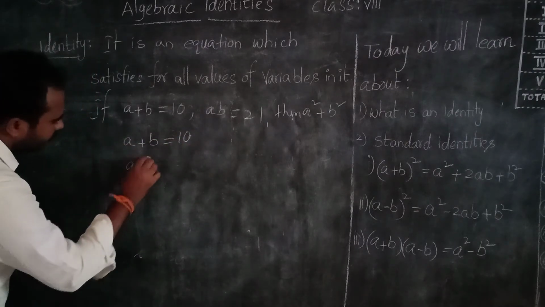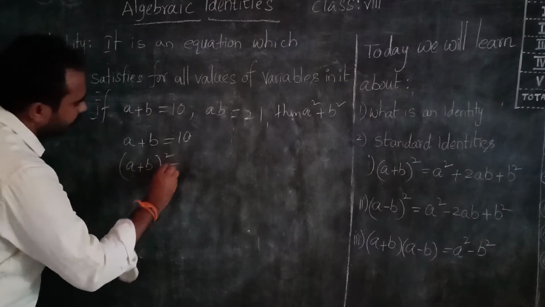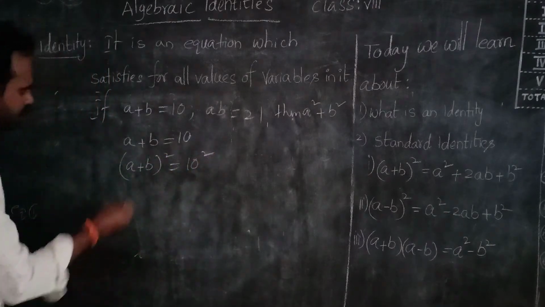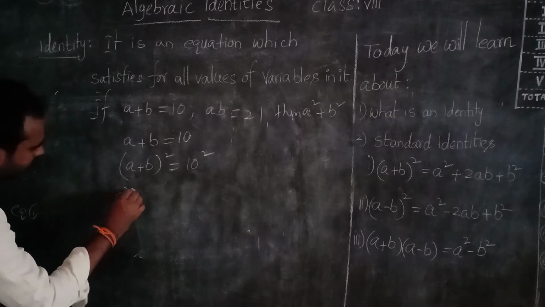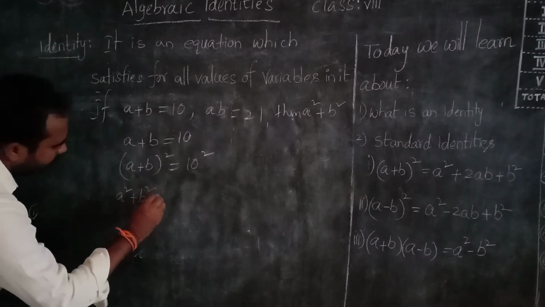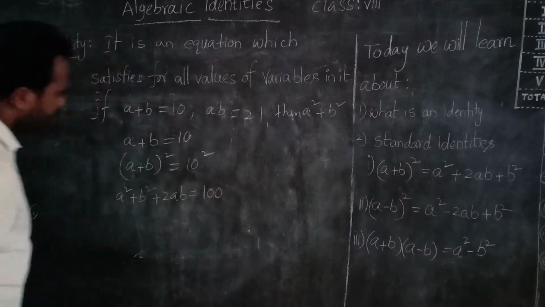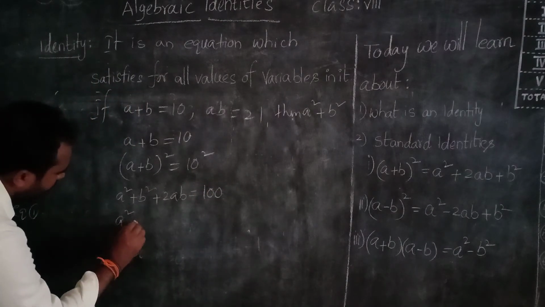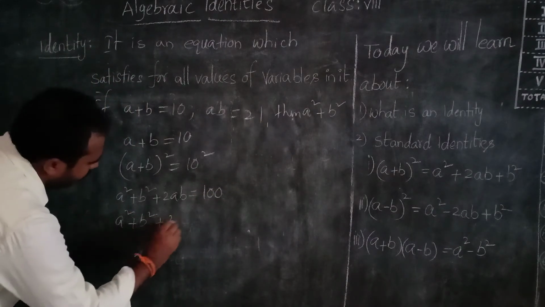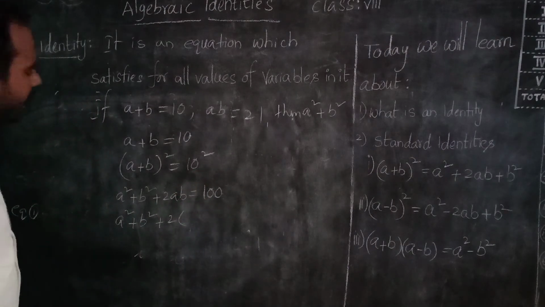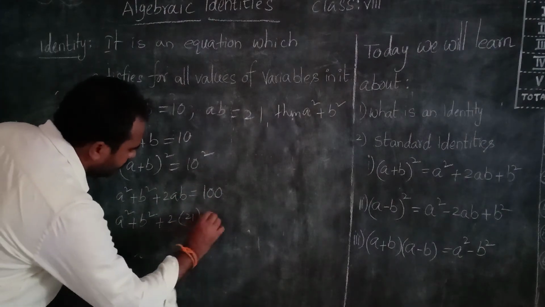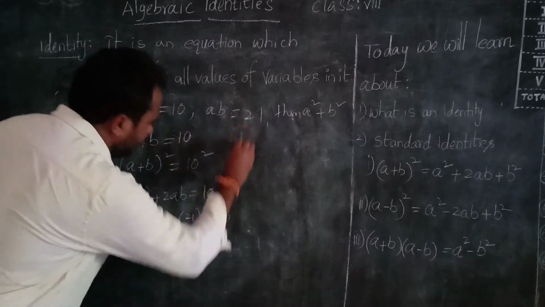So a plus b whole square is equal to 10 square. Expand this one, a square plus b square plus 2ab is equal to 100. So a square plus b square plus 2 into what is the ab value? 21 is equal to 100.